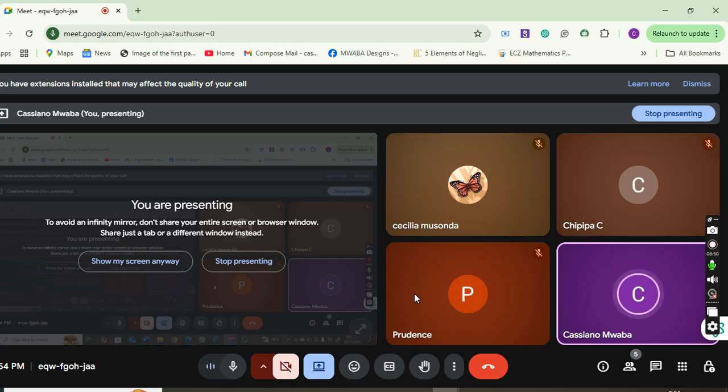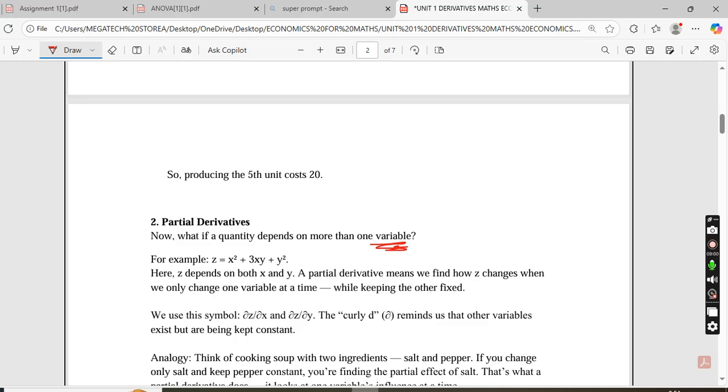Yes, as I was saying, partial derivatives is where your function has more than one variable, or more than one letter. So you're deriving one variable while holding the other variable constant.